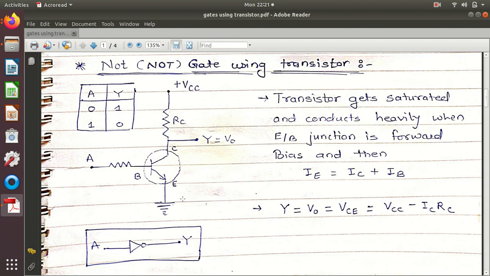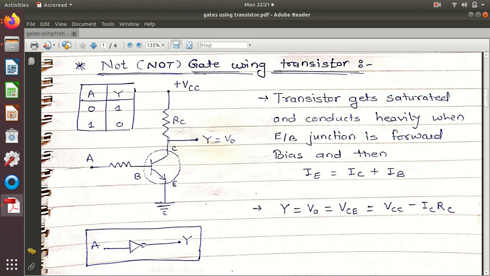So let us see here. Let VBE be the input voltage, the voltage across base and emitter. And let VCE be the voltage that gets dropped across this emitter collector terminal, or across this transistor.